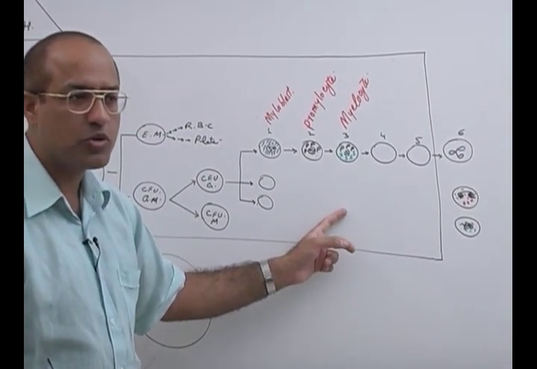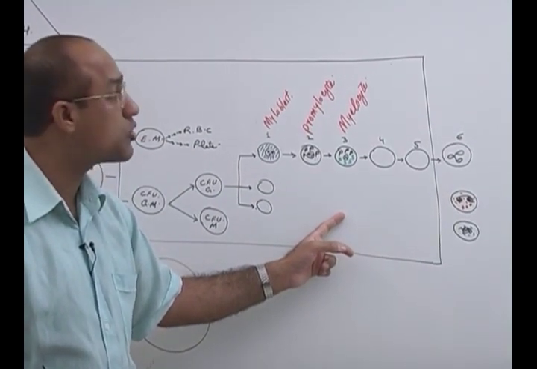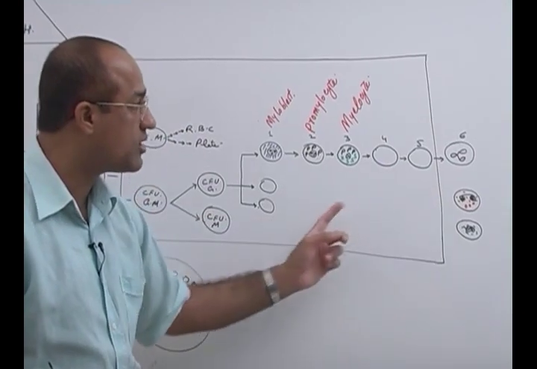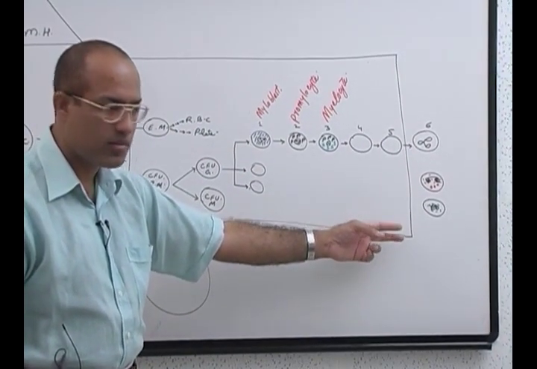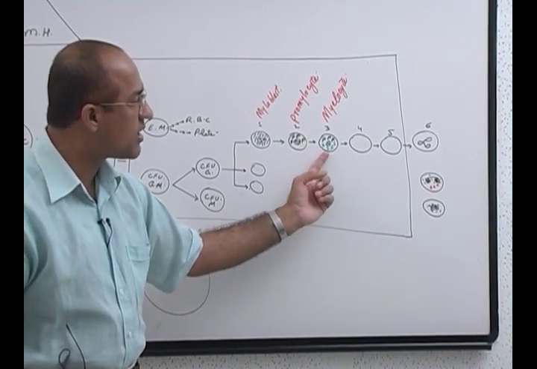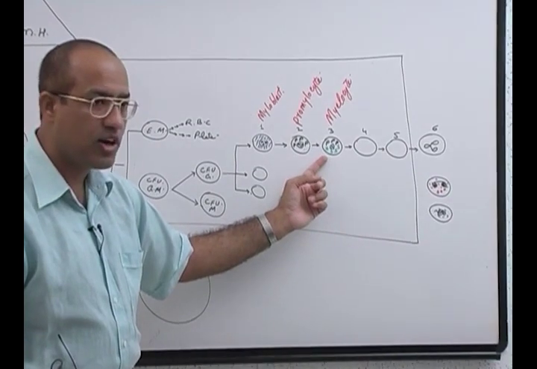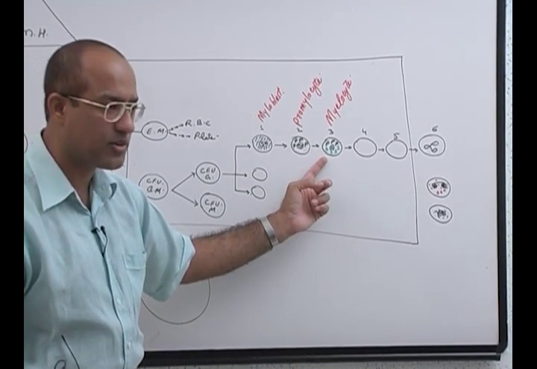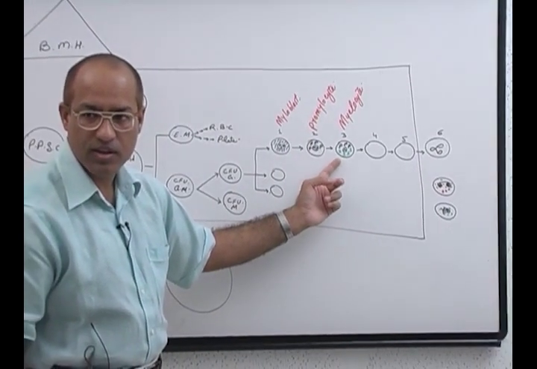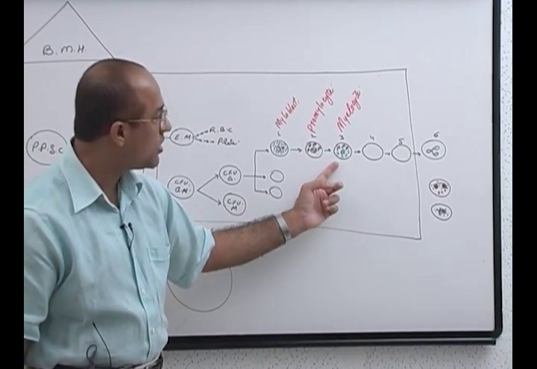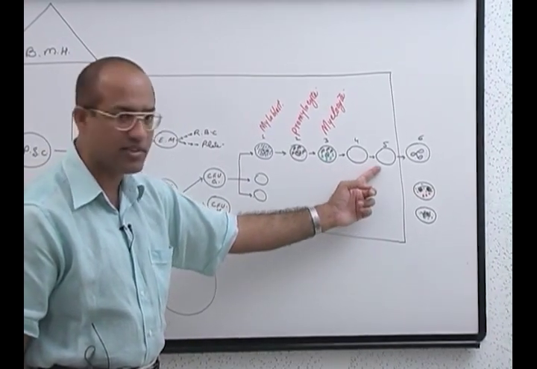So here you can recognize that a particular cell is going to the neutrophil series, or it is going to the eosinophilic series, or it is going to which series? Basophilic. But as further development progresses, specific granules, which are also called secondary granules, there are two names for them, specific granules and secondary granules, keep on progressively increasing.